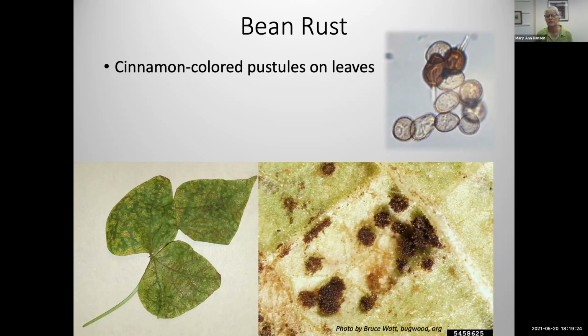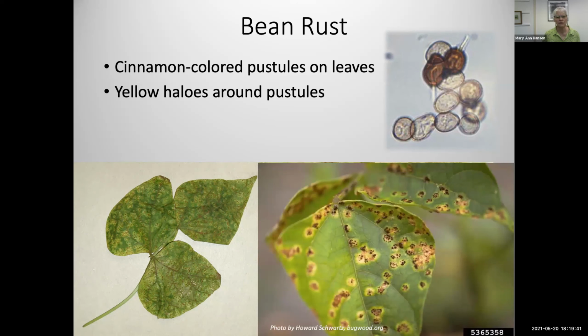And so the rust fungi produce these brightly colored spores in pustules, which are just fruiting structures that these fungi produce that look like they've kind of broken through the leaf surface. So here you can see some of those rust spores close up. And if you look at the spots where those pustules are forming on the leaves, you'll often see a yellow halo around them.